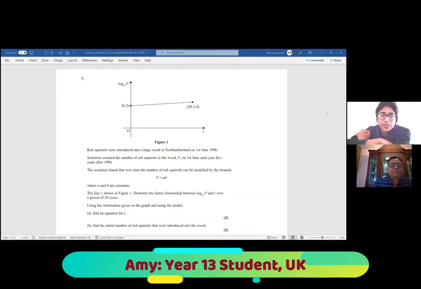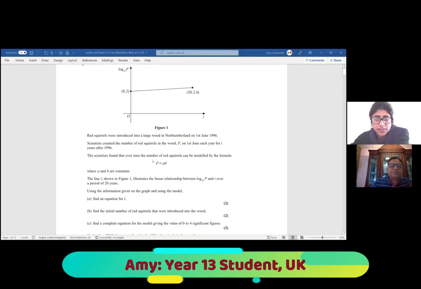Red squirrels were introduced into a large wood in Northumberland on the 1st of June 1996. Scientists counted the number of red squirrels in the wood, P, on the 1st of June each year for T years after 1996. Scientists found that over time, the number of red squirrels can be modeled by the formula P equals A B to the power of T, where A, B are constants.